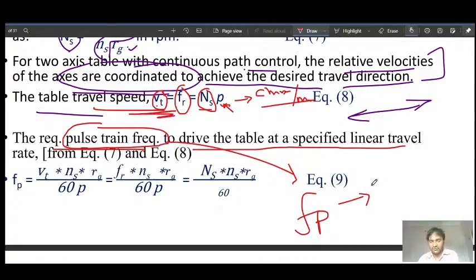If you remember, we got Ns equal to 60 multiplied by Fp, divided by the number of step angle, and then 1 by Rg, if you remember it.